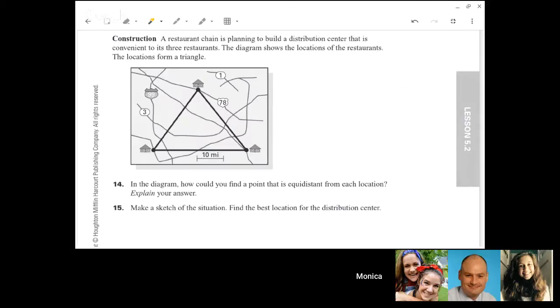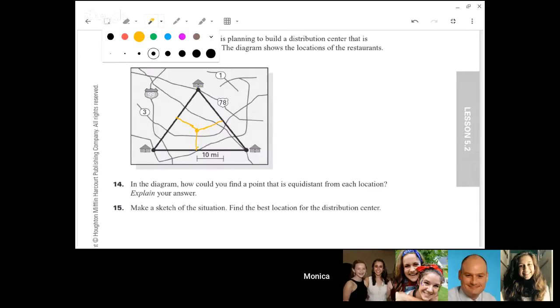Well, we know that the point that is equidistant from each location is where the perpendicular bisectors meet. So we would draw a perpendicular bisector from here, from here, and from here. And the point where all three of those meet is equidistant from all of the vertices. So on this one, it would be here. Actually, let me change colors. Maybe that will help.